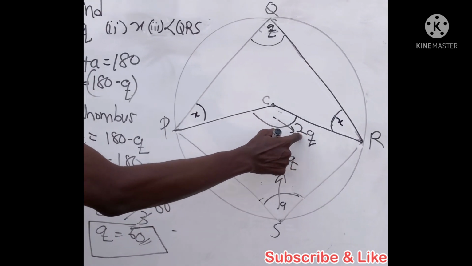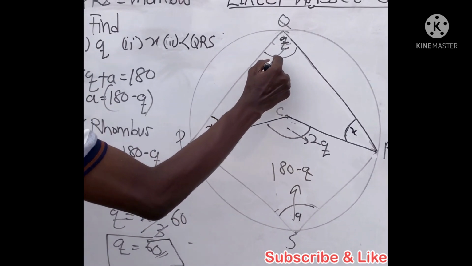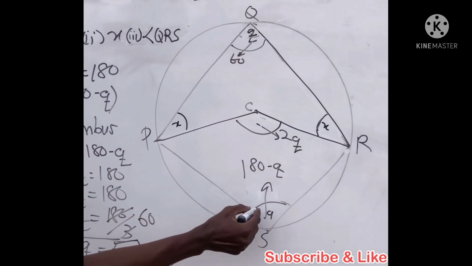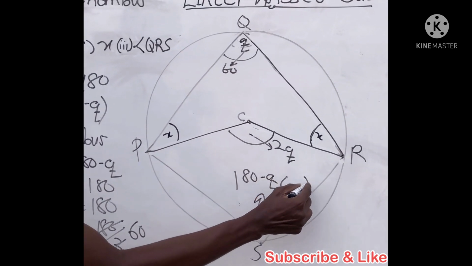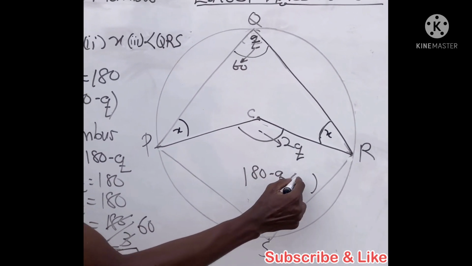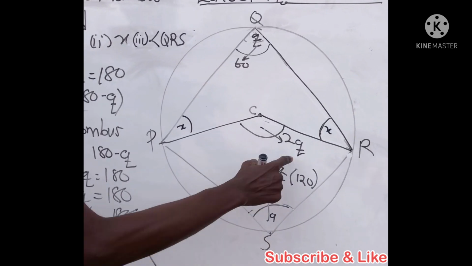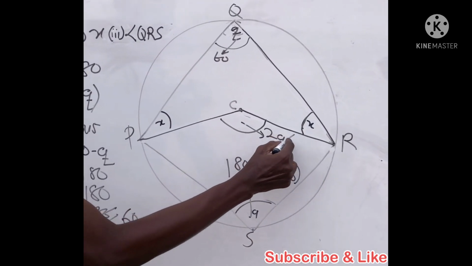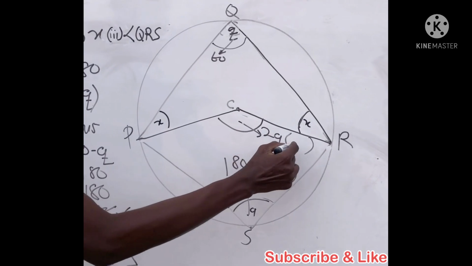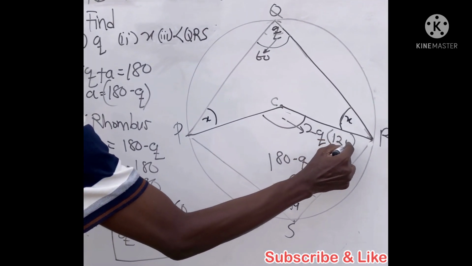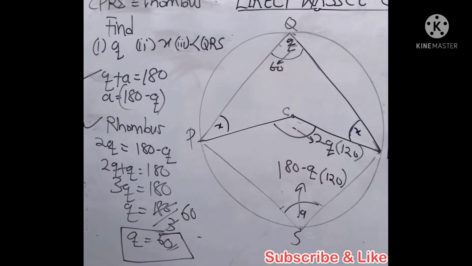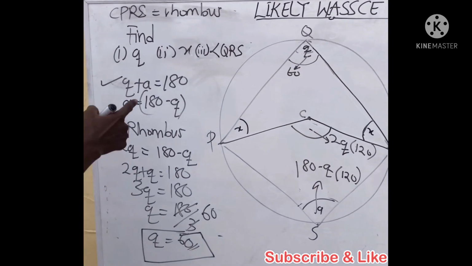If Q is 60, then the value here is 60. The value here is 180 minus 60, which is 120. Then the value here is 2 times 60, which is also 120.